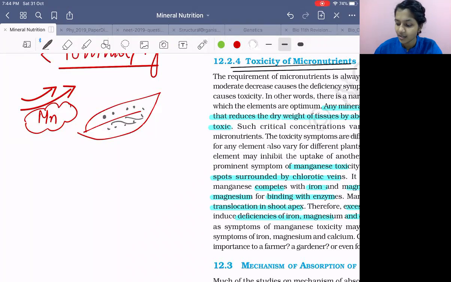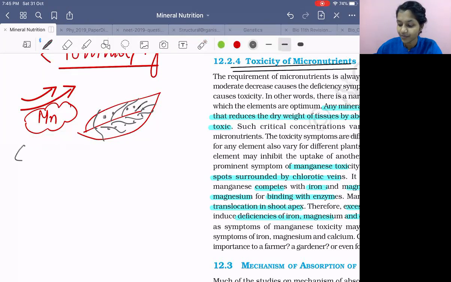The veins which do not have what? Chlorophyll, right? So due to manganese toxicity, what symptoms do you get? Brown spots surrounded by chlorotic veins, lacking chlorophyll. They will not even look green, right? So this is one symptom.